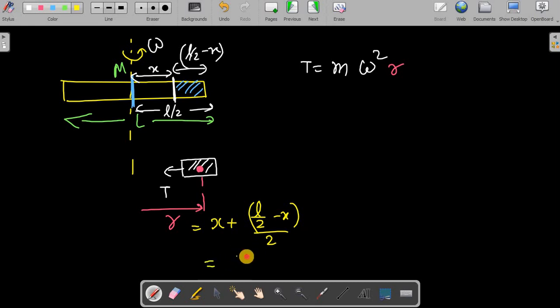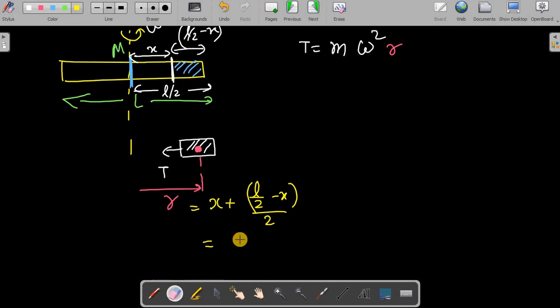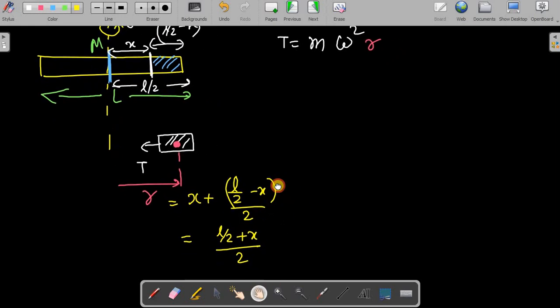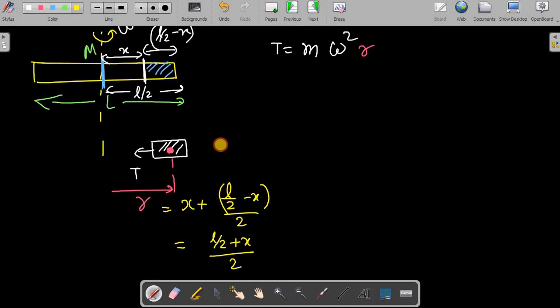So from here this will become x plus L by 2, right? Or L by 2 plus x, by 2, right? So let us do that. How much will the mass be? The mass is mass per unit length into the length of this portion.